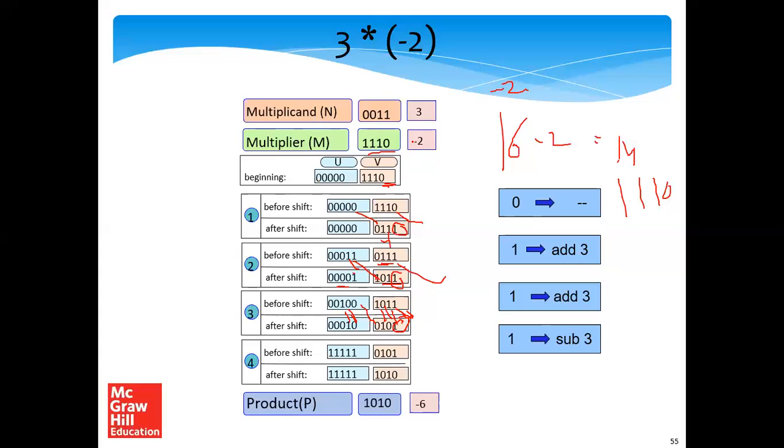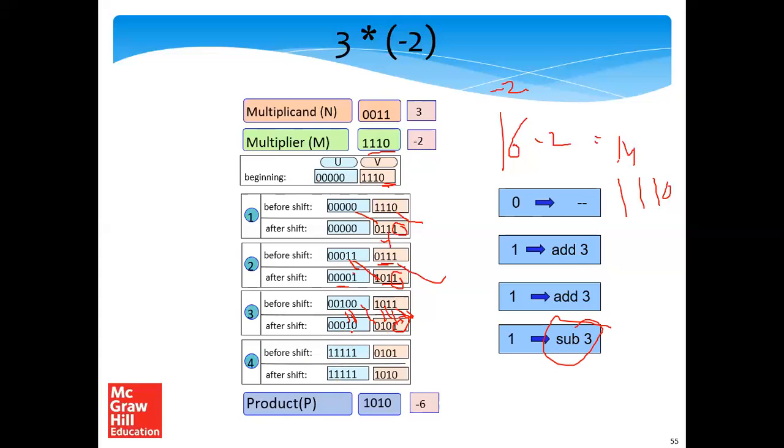But in the case of a negative number, the LSB of V is always 1. Then in this case we simply subtract.